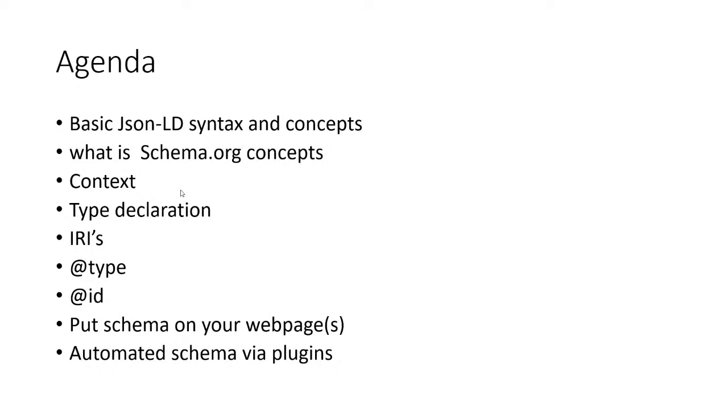And we'll also talk about the schema.org concepts. We will look specifically at what we call context, type declarations, and something called IRIs, add type, add ID, and how you put your schema into the web pages and how you automate schema via plugins. So that's the agenda.